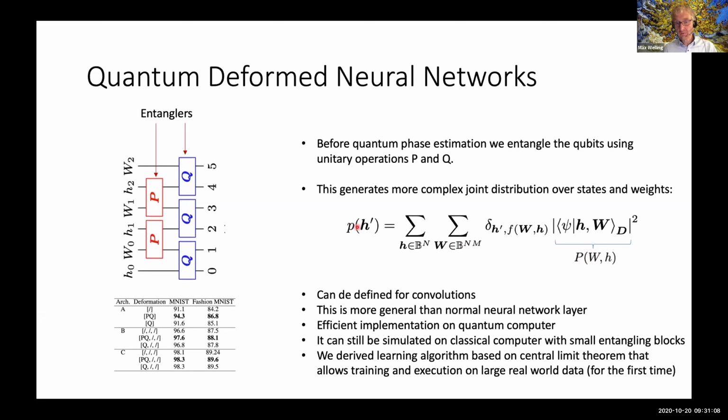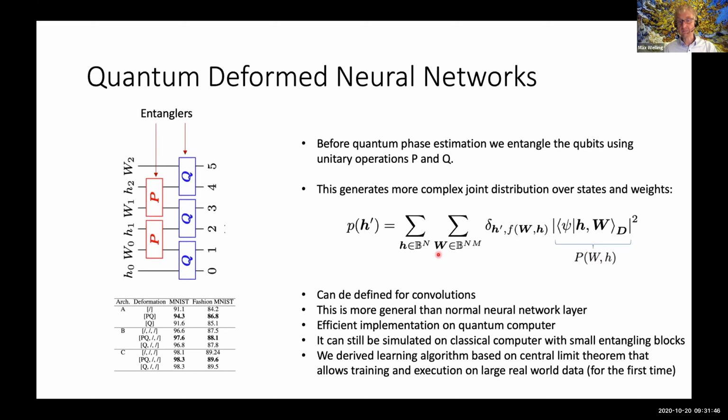And then to compute the probability distribution over the features of the next layer, you have this delta function, where you put H prime equal to FWH, but then you average over this probability distribution that correlates W and H. So that's a more general operation than we would normally consider in a neural net. Of course, you can do this also classically, but the nice thing is if you have very large entanglers like this, you can compute this exponentially more efficiently on a quantum computer than you could classically.